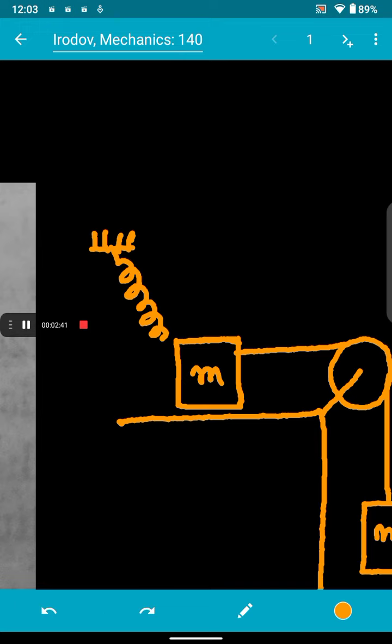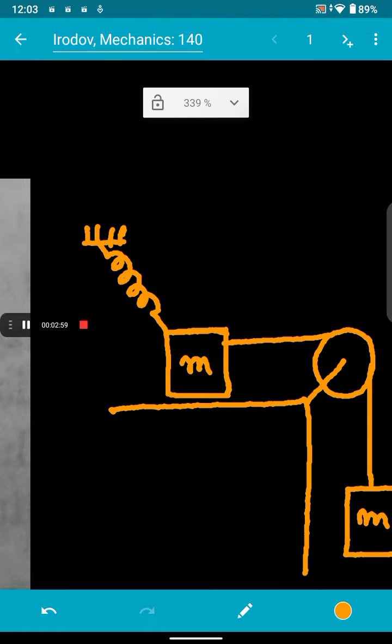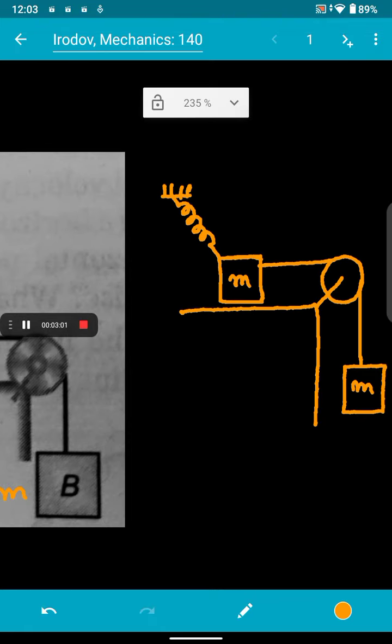Like this, or wait, let me draw this spring. I'm having a little difficulty in this. So anyway, yes, that looks okay. So this will be the picture.